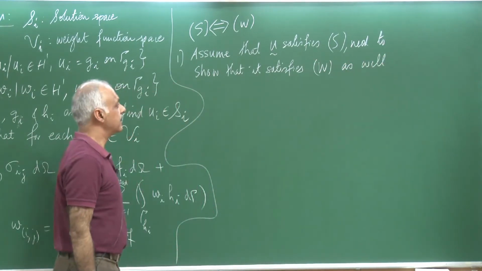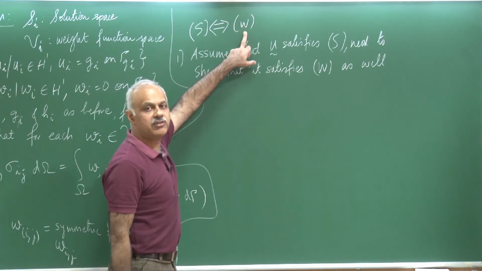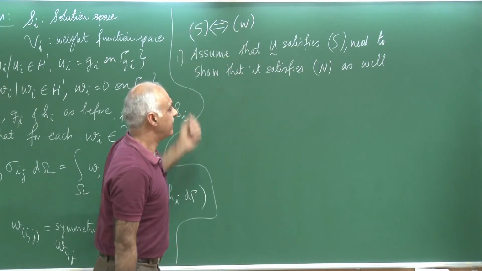That is the first part. And then in the second part we will say let u be a solution of the weak form, and from that we would like to infer that it satisfies the strong form also.